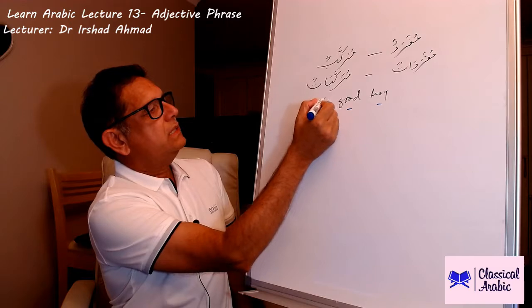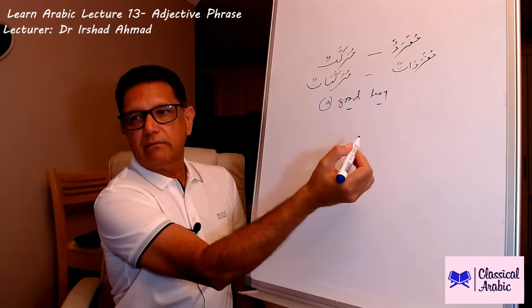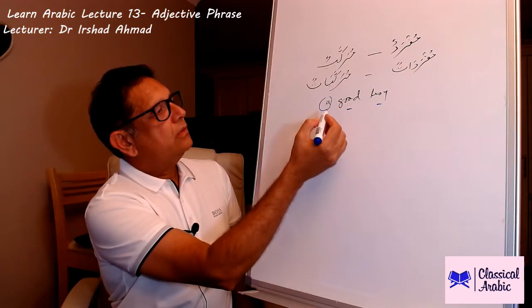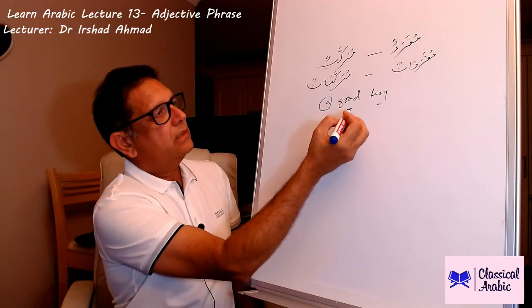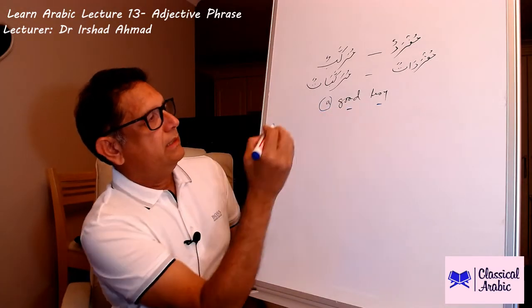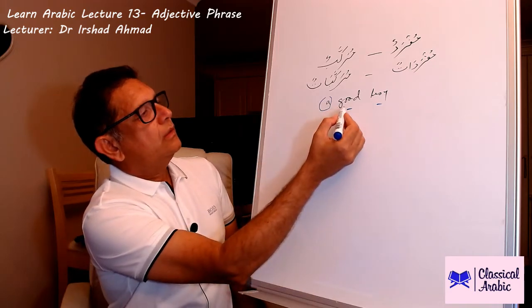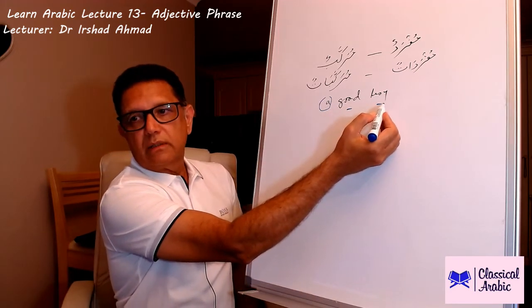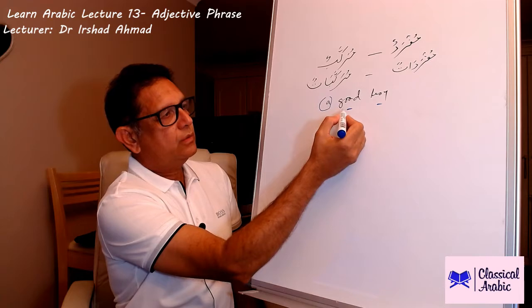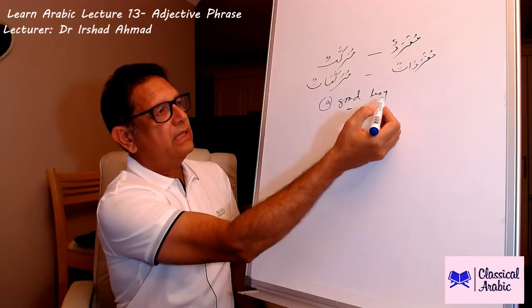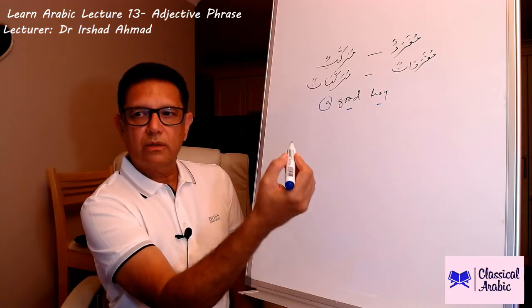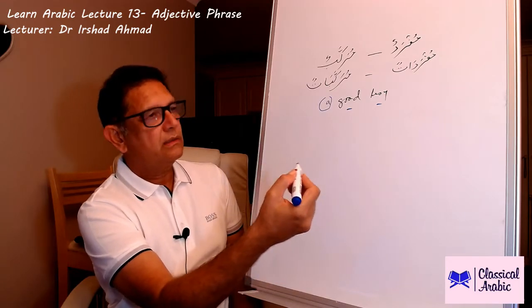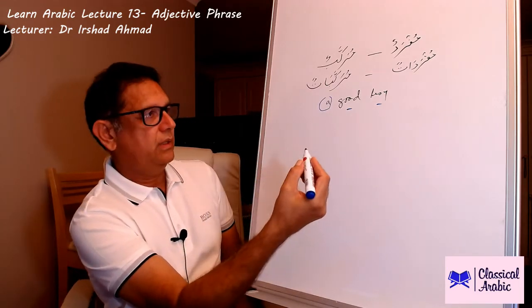A is there to make this phrase indefinite, so rather than saying the good boy, we are saying a good boy. Good is describing the boy, good is defining the boy. Boy, what kind of boy? Good boy, not naughty boy or bad boy.